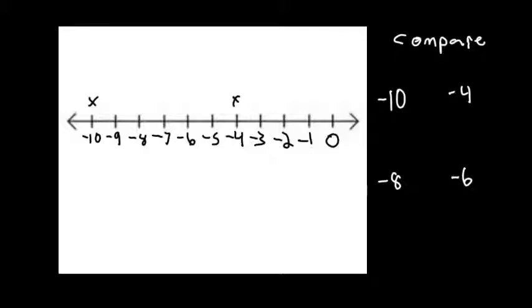One way to visualize that is, would you rather owe somebody $4 or owe them $10? Hopefully you would only want to owe somebody $4 instead of 10. So that makes -4 greater than -10. You'll also notice on the number line, the -4 is to the right of -10. Anything to the right is going to be greater. Anything to the left is going to be less than.